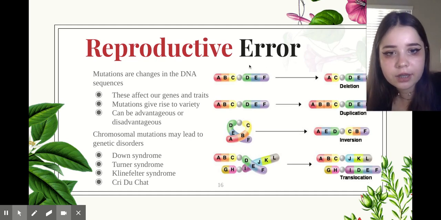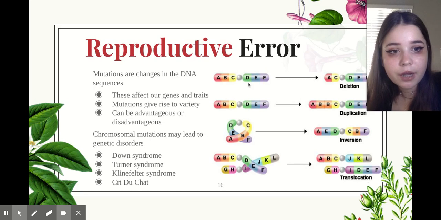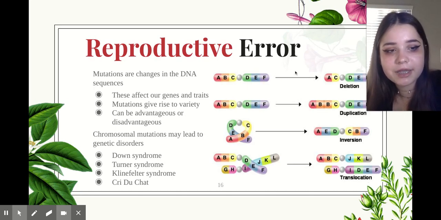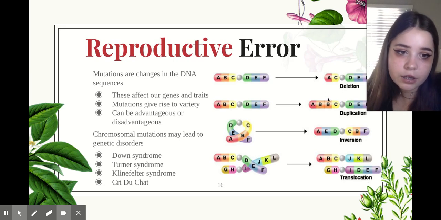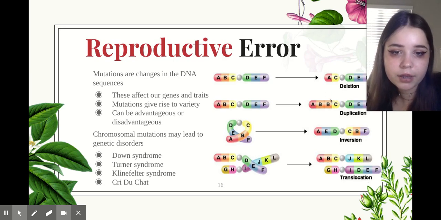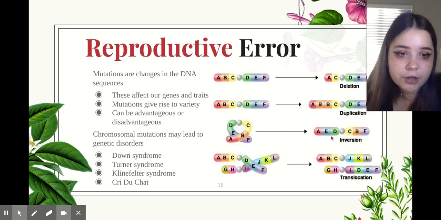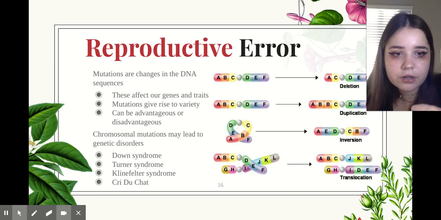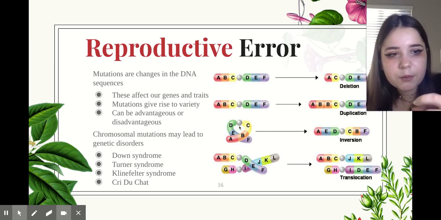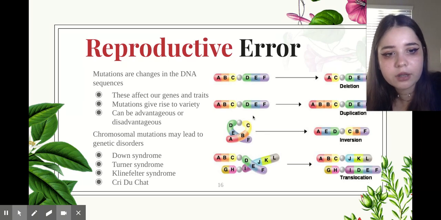Deletion: say this is our original chromosome. A deletion happens when a segment is just completely cut out by some error. A duplication is when a segment is duplicated. See, the B segment is added. There are two of them because it's been duplicated. Inversion is when the order of the pieces gets all messed up. Something happens, like a misfolding in the chromosome, and then the order switches up.